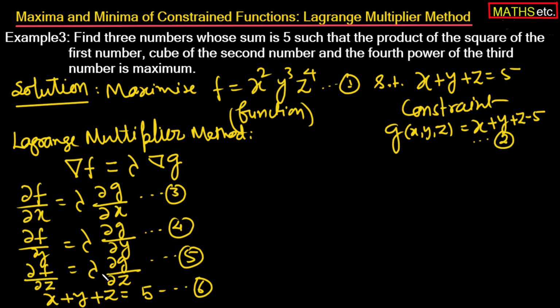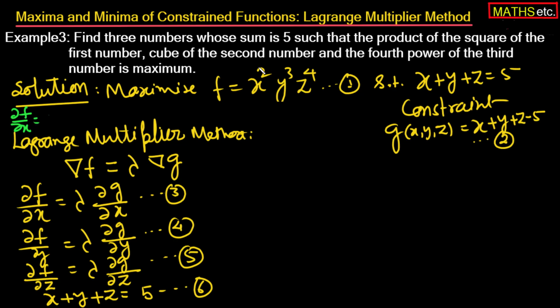And lambda as an unknown parameter will help us to find these points of maxima and minima, x comma y comma z. For equations number 3, 4 and 5 we need partial derivatives. So we find the partial derivatives of f with respect to the x variable, y variable and z variable here. For the partial derivative of f with respect to x, y and z will be treated as constants.